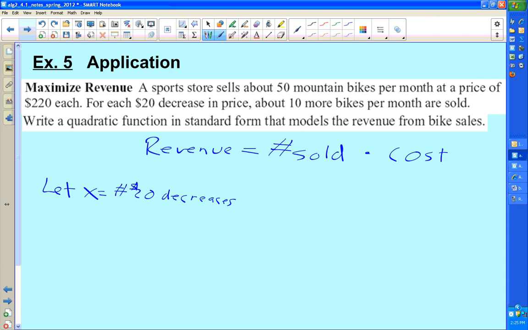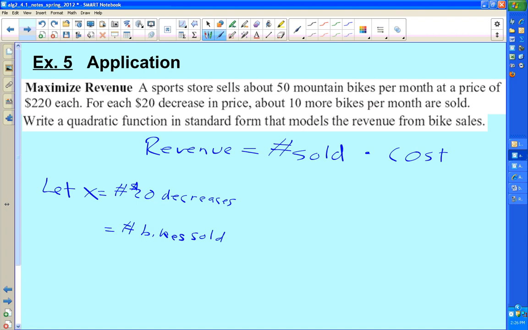So, if X is the number of $20 decreases, how many mountain bikes will you sell? The variable is X. If I decrease the price by $20, so X is 1, what will the cost of the bike be? $200.